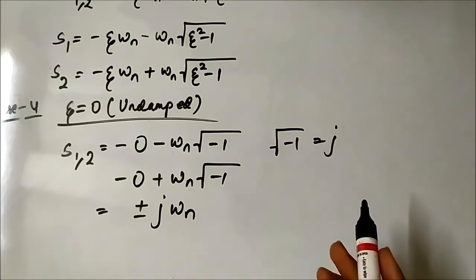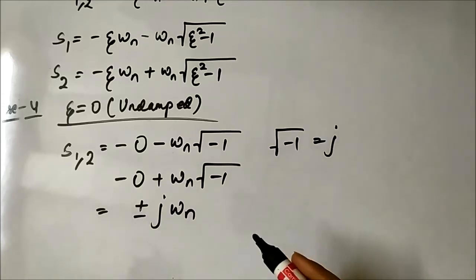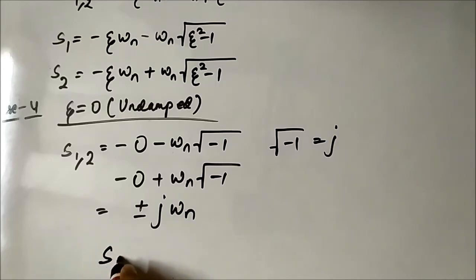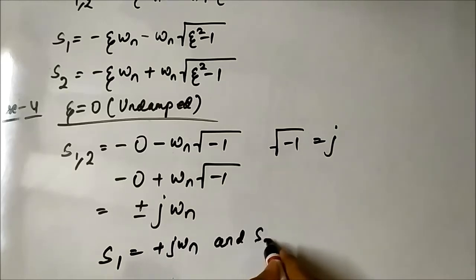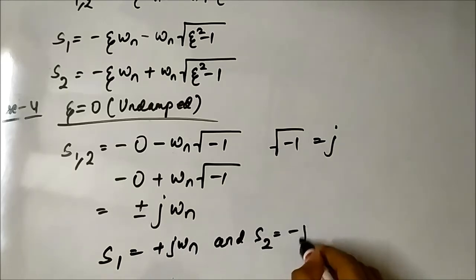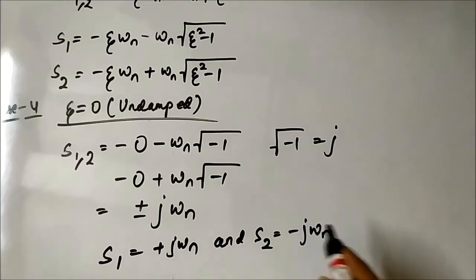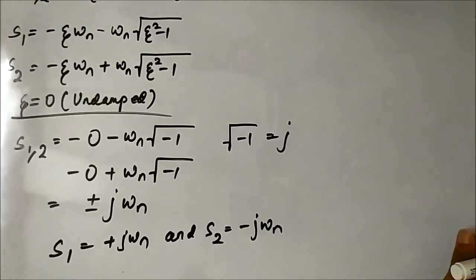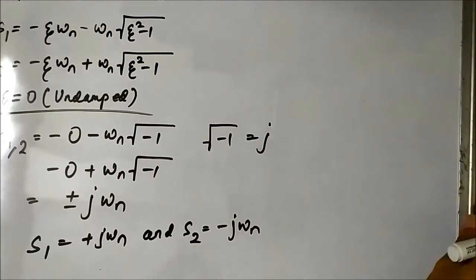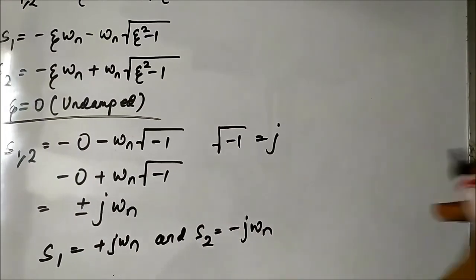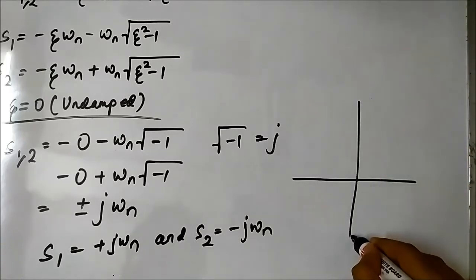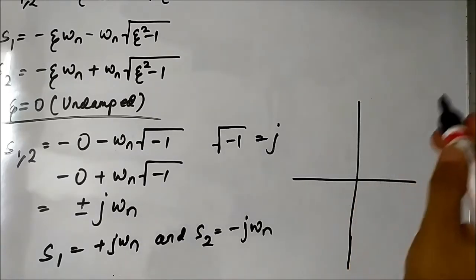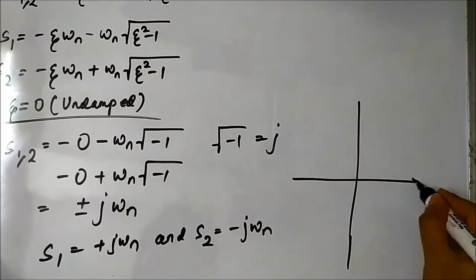Plus minus j omega n. So we can say S1 is plus j omega n, and S2 is equal to minus j omega n. So they will lie on the imaginary axis. If we plot the roots, they will simply be located on the imaginary axis as mirror images.